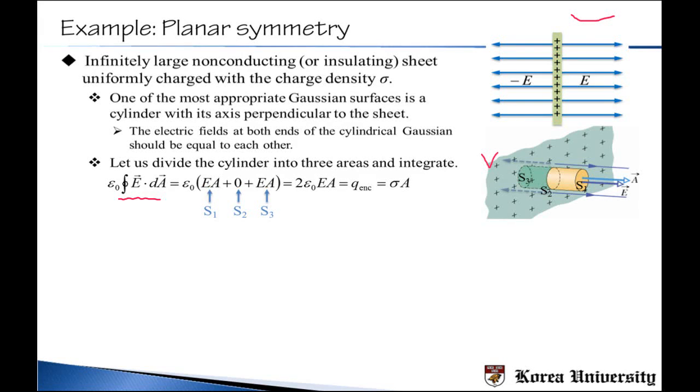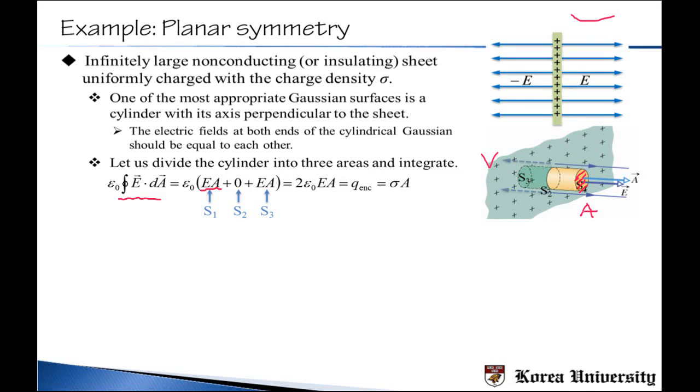So therefore, E vector dot dA vector will simply become EA. Here, A is actually the area. So in this case, I will show it. This area, okay, this is what we call A. So on S3, it's actually the same area.